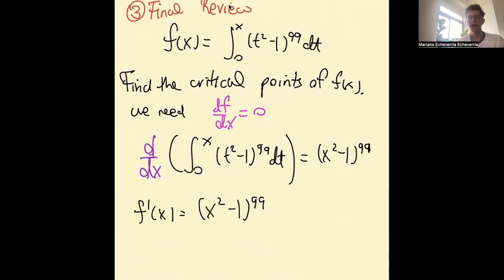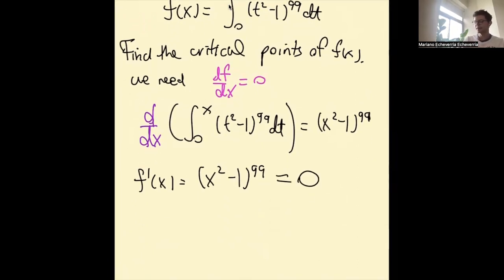Is that okay? And then the question is, when is this zero? Well, this is actually 99 products, like you're multiplying x squared minus 1 by itself 99 times. So the only way for it to be zero is if one of these factors becomes zero. And that's how you get x equals plus or minus 1.